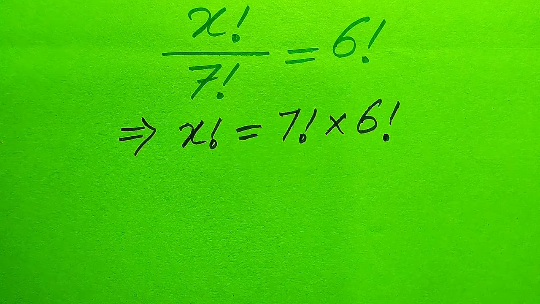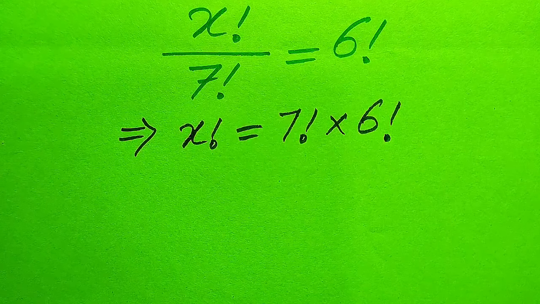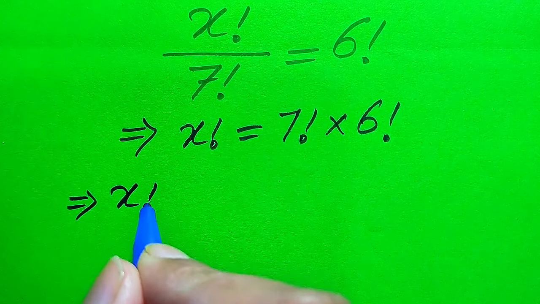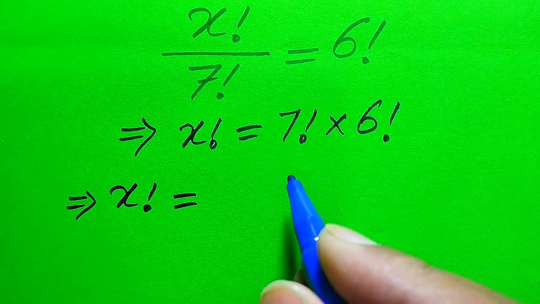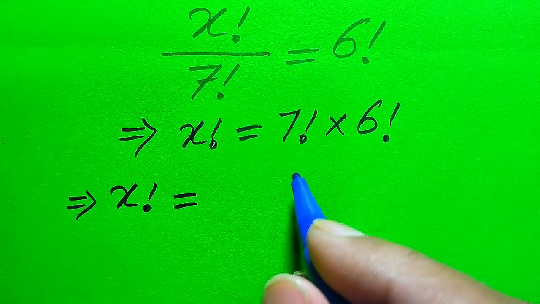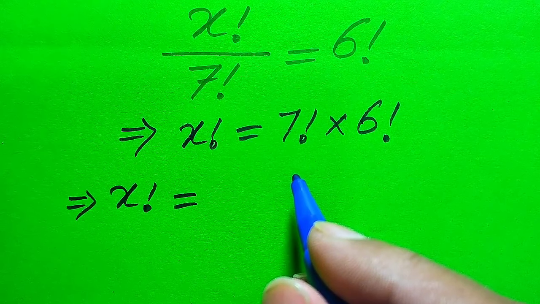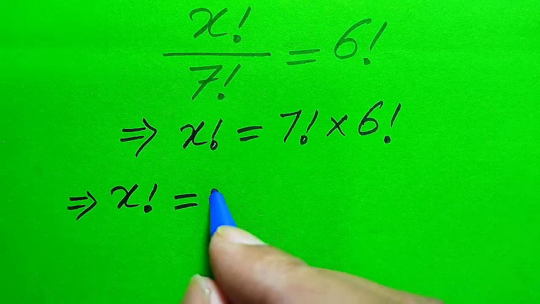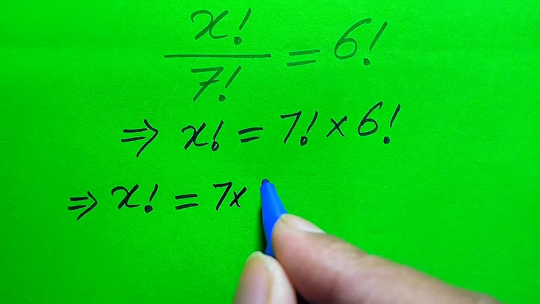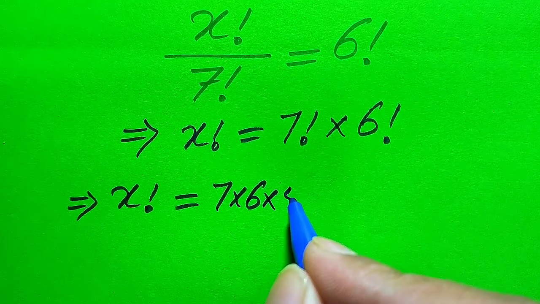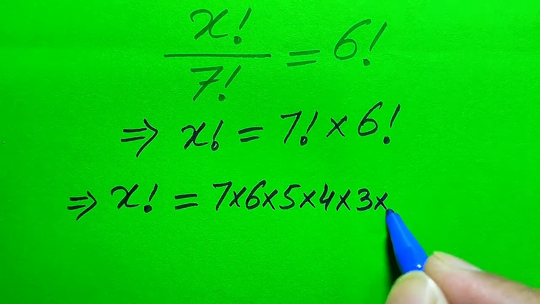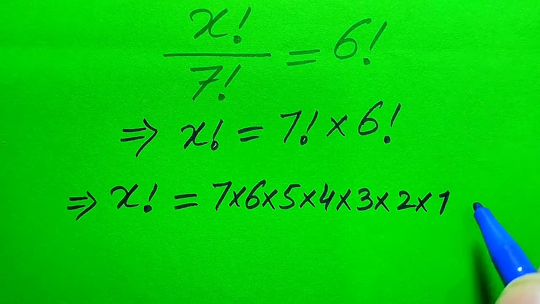And here we use the definition of factorial. If we have 7 factorial, we break the 7 down to 1 and multiply all of these integers. So 7 factorial is written as 7 multiplied by 6 multiplied by 5 multiplied by 4 multiplied by 3 multiplied by 2 multiplied by 1.